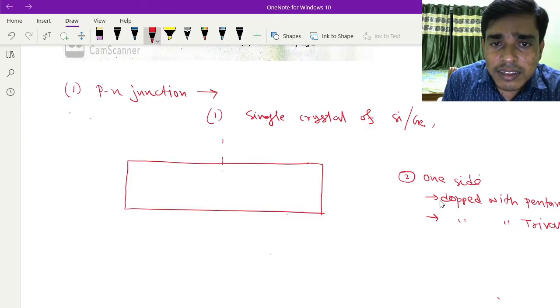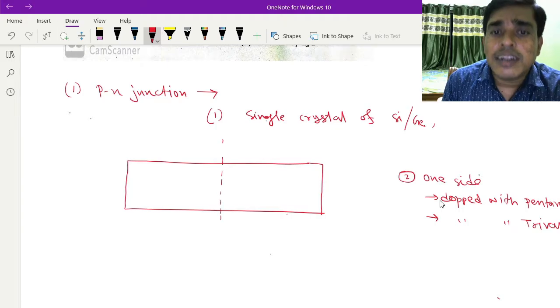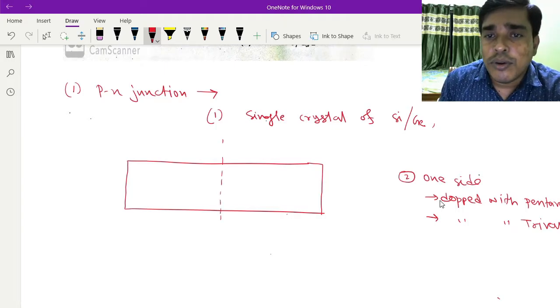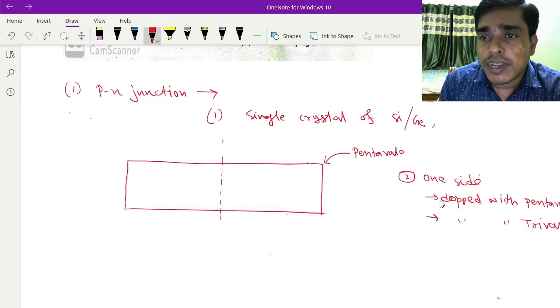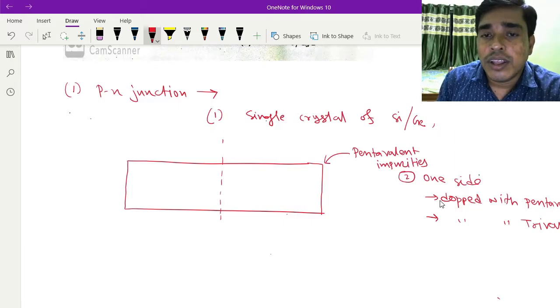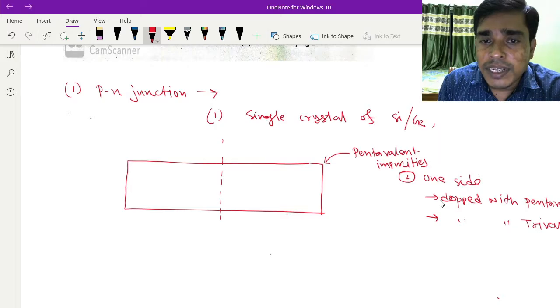So in this single crystal, one side is doped with pentavalent impurities. If you dope with pentavalent impurities, then this side will be an n-type semiconductor.